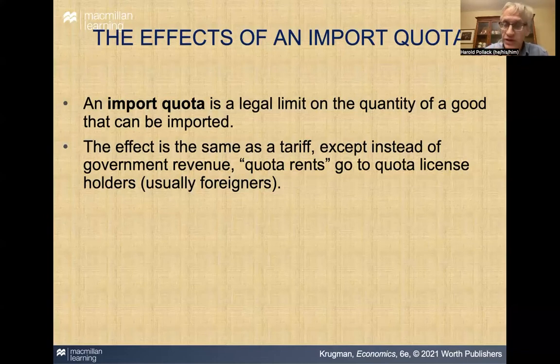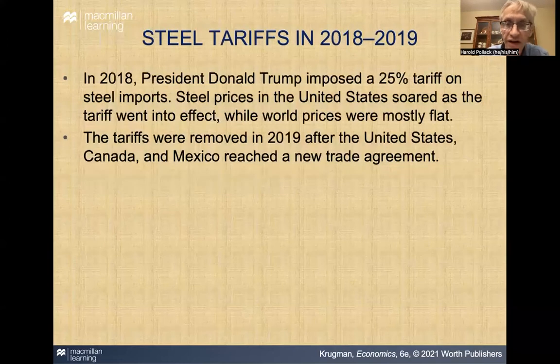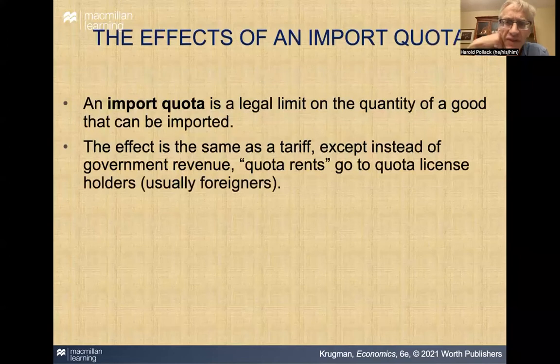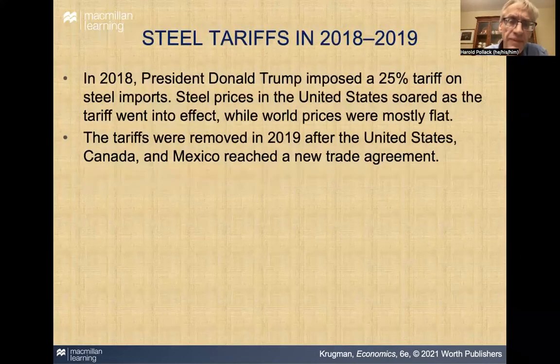In fact, an import quota is sometimes a nice, helpful way for foreign cartels, say in luxury cars, to make a higher profit. I've got to do a better job of giving examples of import quota, but we'll come back to that.